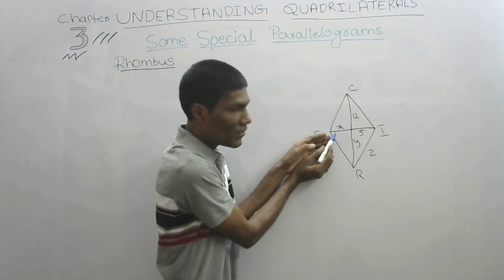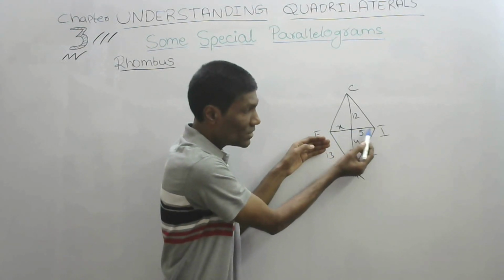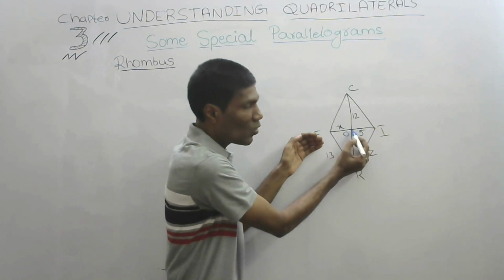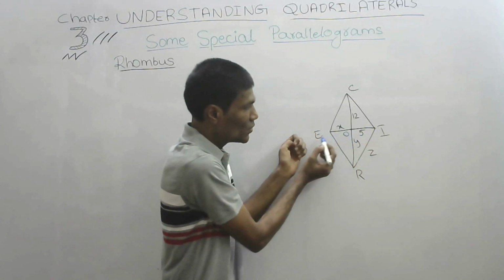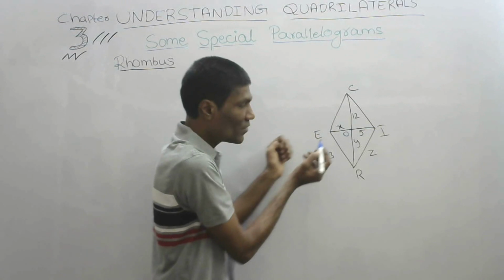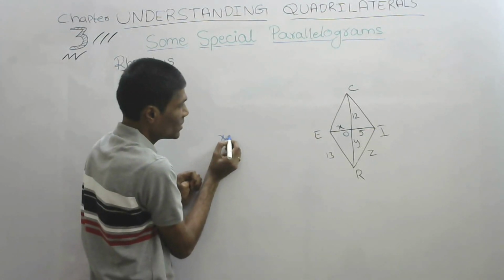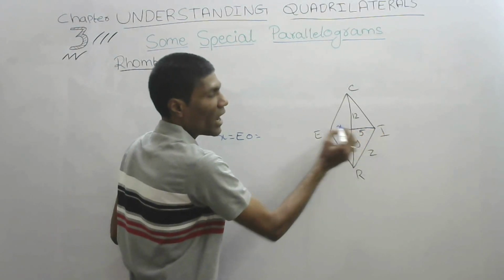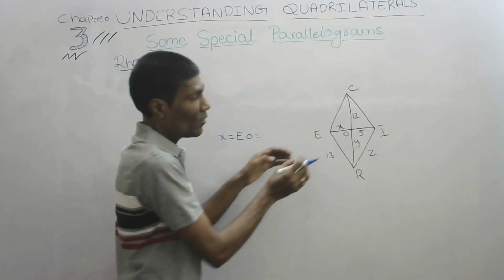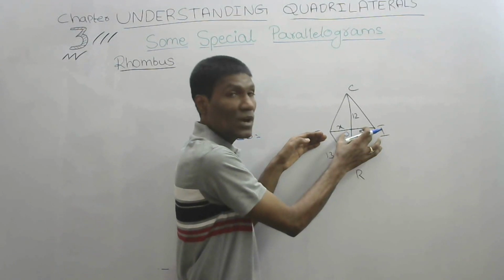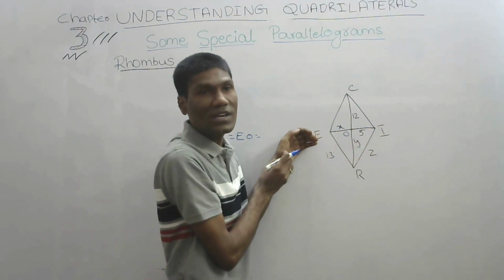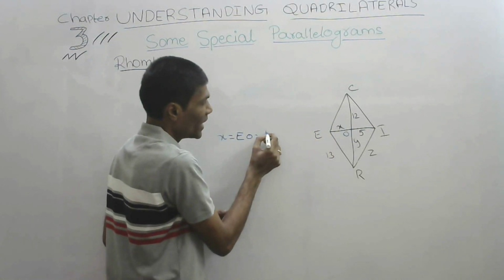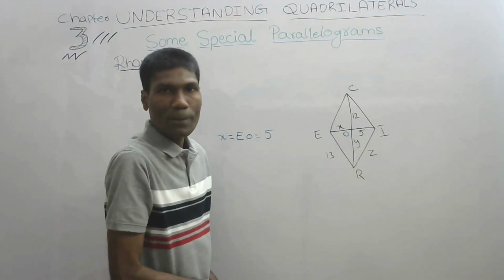Let us take this point as O. IO is given as 5. So EO will be this x. EO will be the same as IO. Why? Because they are bisecting each other, so the lengths will be equal. By this we can say x equals 5.